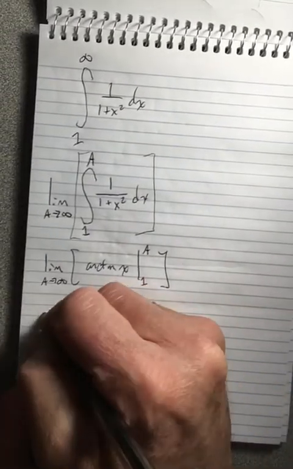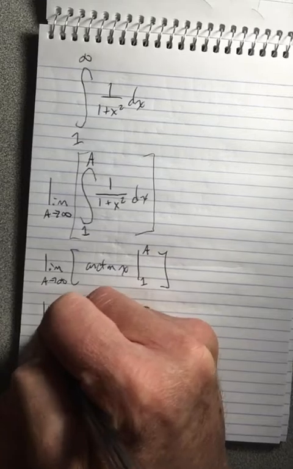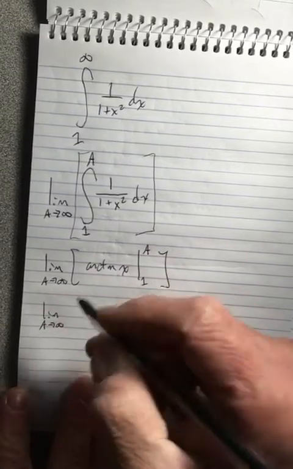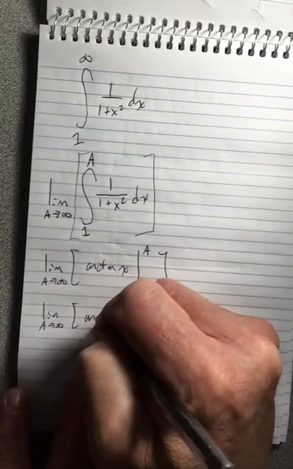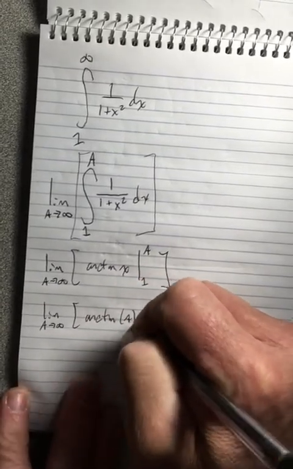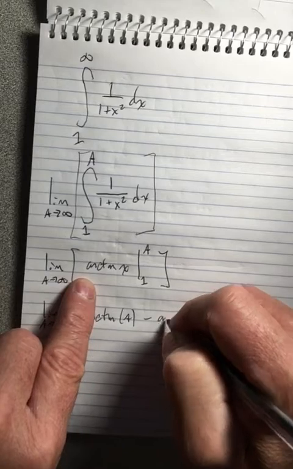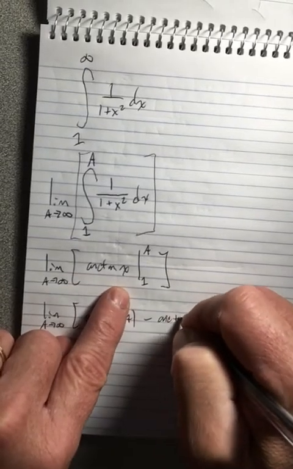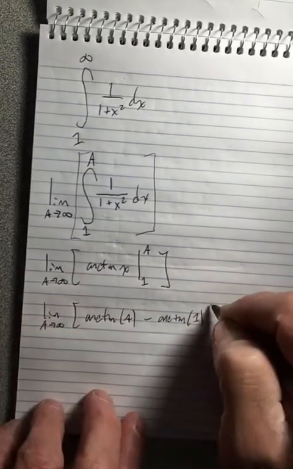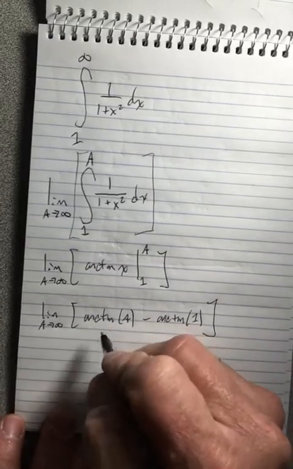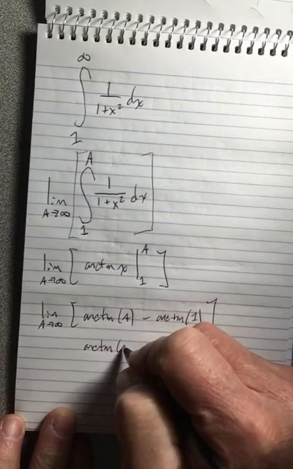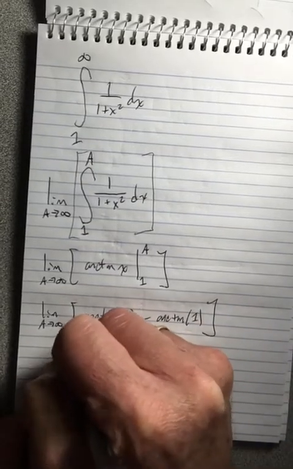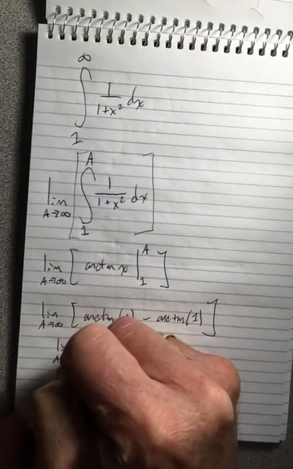Then we use the evaluation part of the fundamental theorem of calculus. You evaluate the function at the upper limit, so I have arctan of a, minus the function at the lower limit, arctan of 1. Now, arctan of a, I don't know what that is, but we're going to compute the limit of it as a goes to infinity.